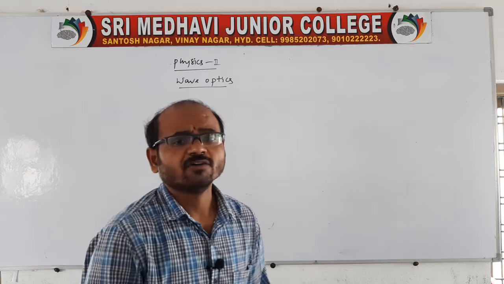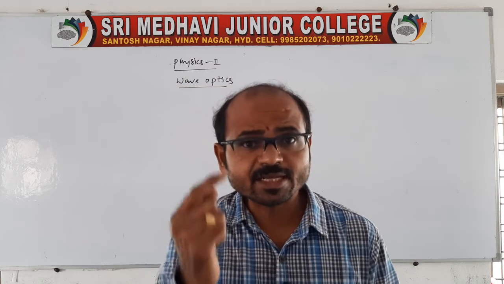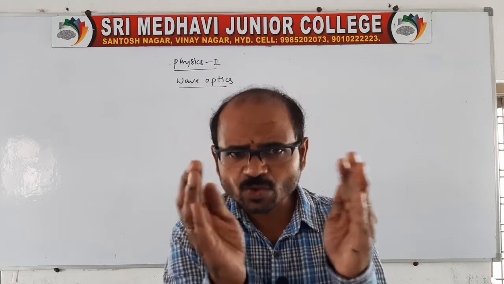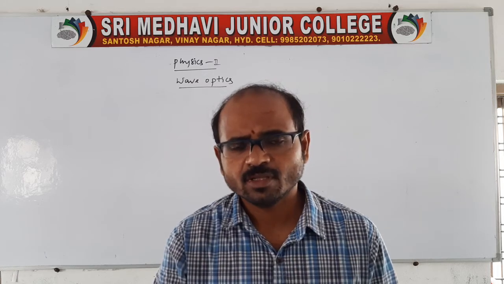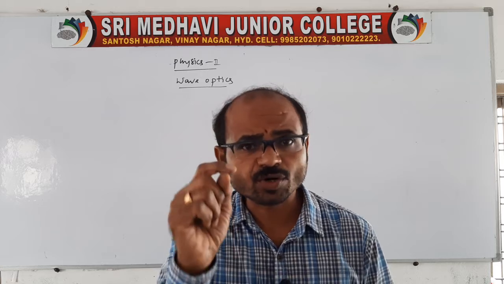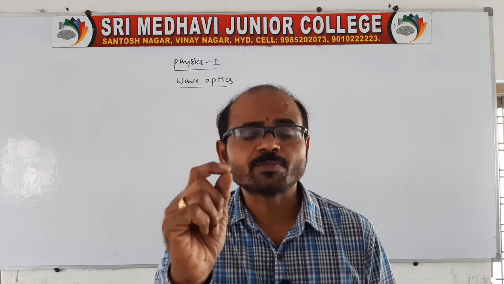Suppose of the human eye, our eye diameter, iris diameter, is equal to 2 mm. If two objects are at a long distance and very close to each other, or if two images are very close to each other, our eye cannot resolve the two separate images or objects.